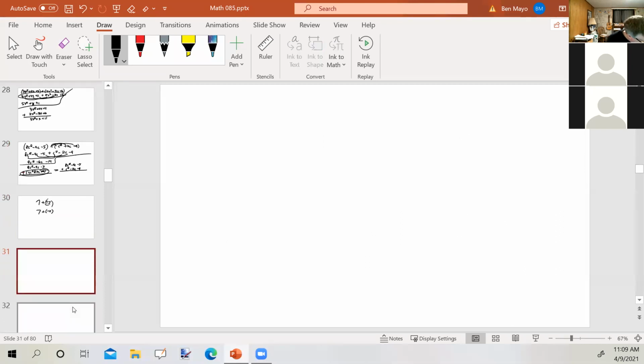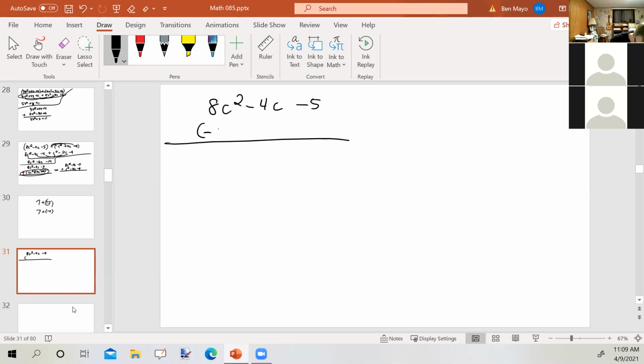Let me do that again. So I've got 8c squared minus 4c minus 5, and negative c squared plus 2c plus 9, but we're going to subtract.